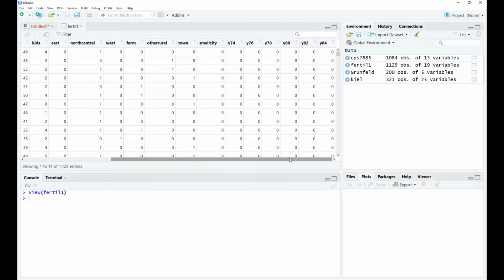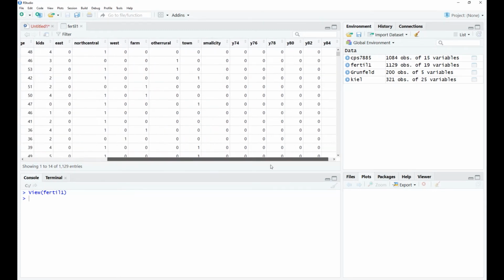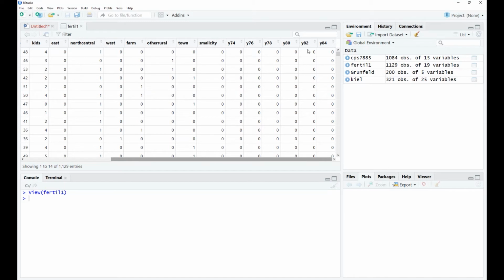So note that we do not have year 1972 in here because it is considered the base year, in the sense that if 1974, 76, all the way through 1984 is equal to 0, there's no 1, and hence we know that it is 1972. Okay?